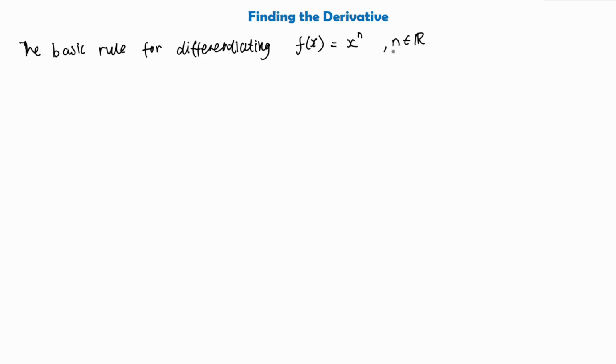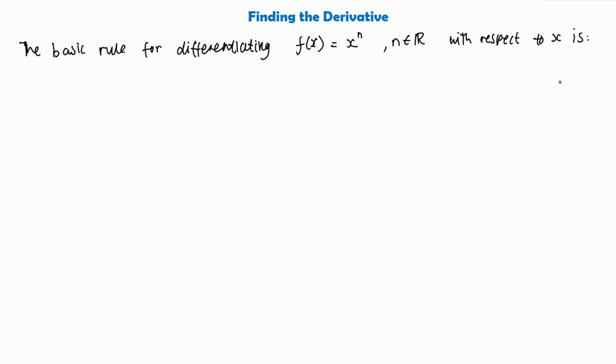We talked about this notation in our functions topic, and we say that we are differentiating with respect to x. This is very important that it's with respect to x.